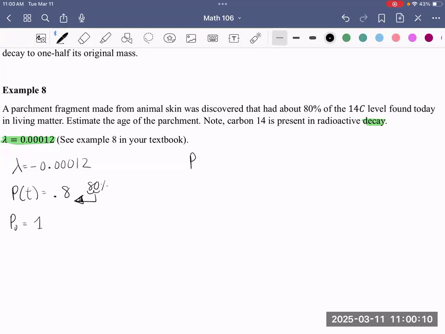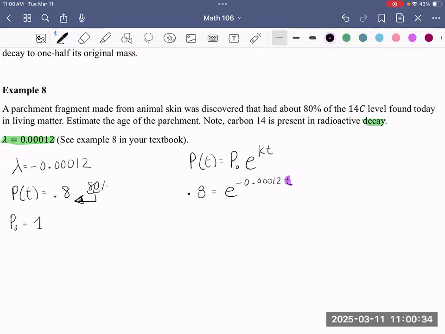So if we were to create some sort of an equation, keep in mind, we have this sort of setup. Therefore, if we were to put it all together, we should come up with this particular format. Now, we do not know what t is. This is something that we need to find.